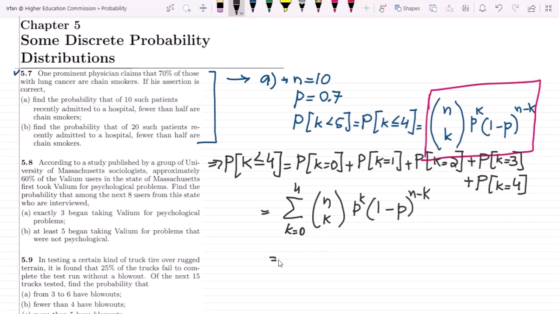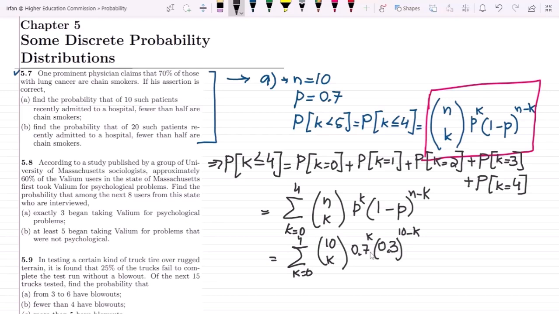Writing these values from k equal to 0 up to 4, n is 10, and p is 0.7, so 0.7 to the k, and 1 minus p is 0.3, and here it would be 0.3 to the 10 minus k.